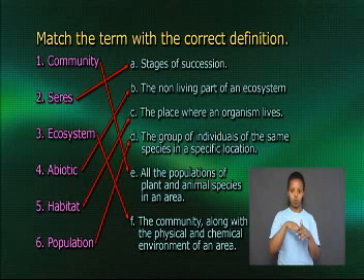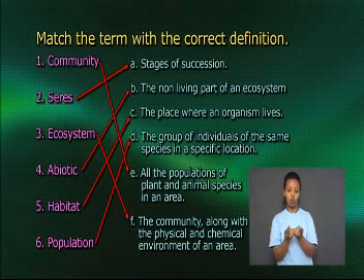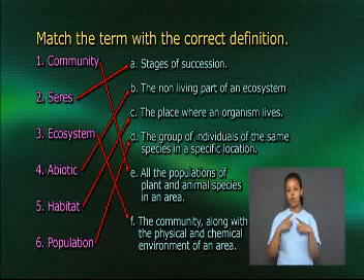The term habitat describes the place where an organism lives. The term population describes the group of individuals of the same species in a specific location. If you matched each term correctly, well done.